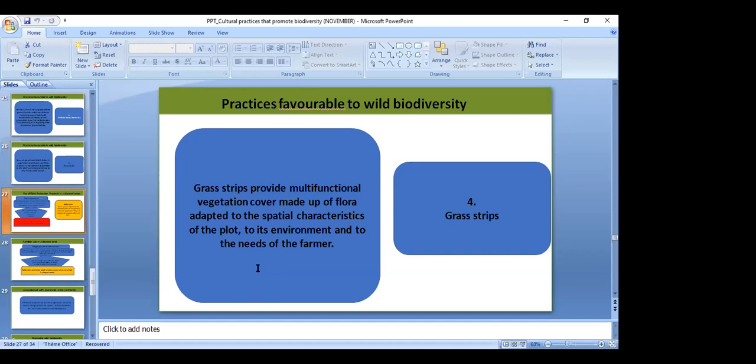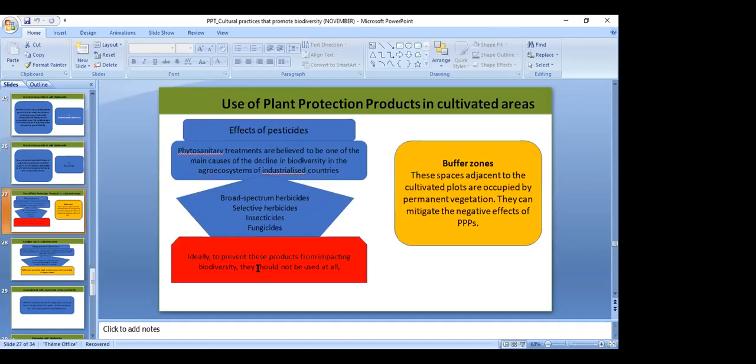So we come to the use of plant protection products in cultivated areas. We all know what plant protections are. We have the likes of chemicals that are used to prevent invasion of pests and microorganisms, as the case may be. So what are their effects? Of course, we have this kind of plant protection products that are broad spectrum.